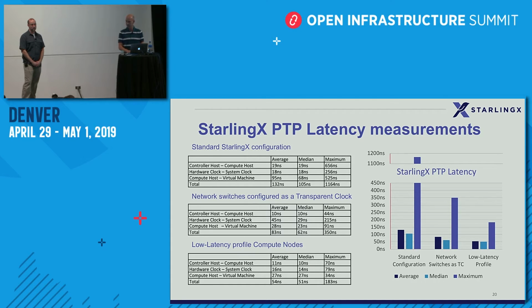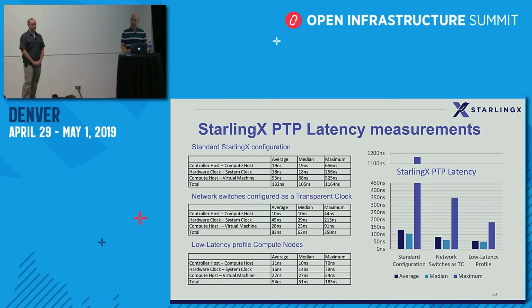As you can see on the graphic, it's slightly better in terms of the average latencies. It's less than 100 nanoseconds, and the spikes are almost gone. So it's about 350 nanoseconds right now. But if you would like to improve it further, I would recommend setting up the low latency StarlingX compute nodes. Basically, the low latency StarlingX profile is a real-time operating system, a real-time Linux patch, plus some performance optimization.